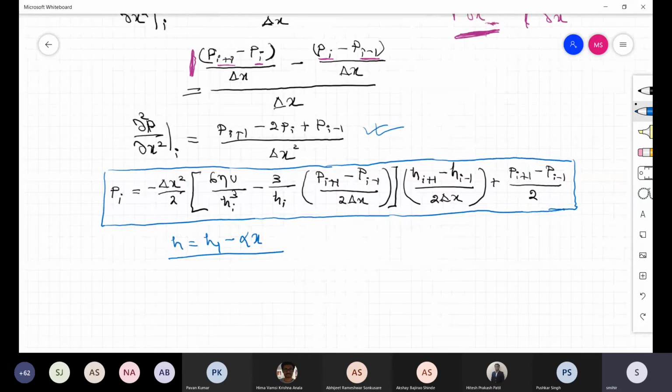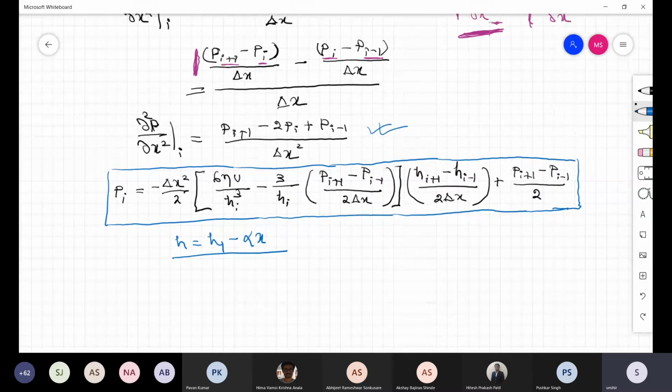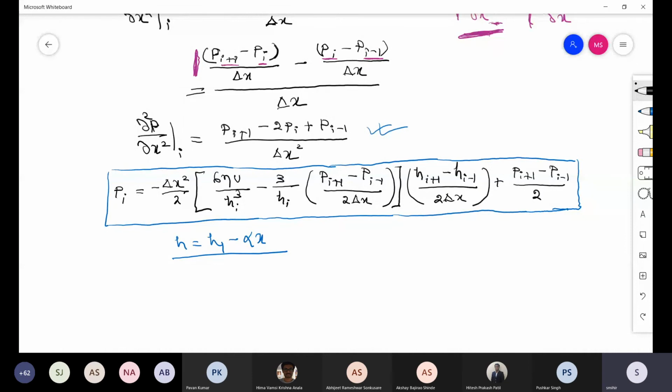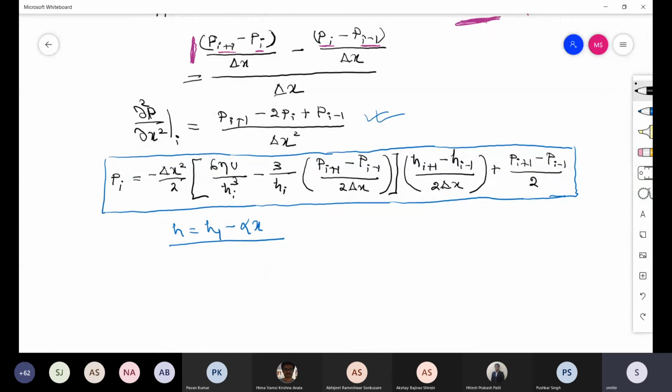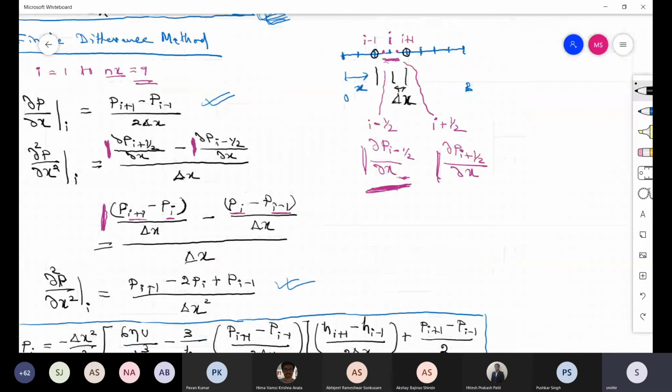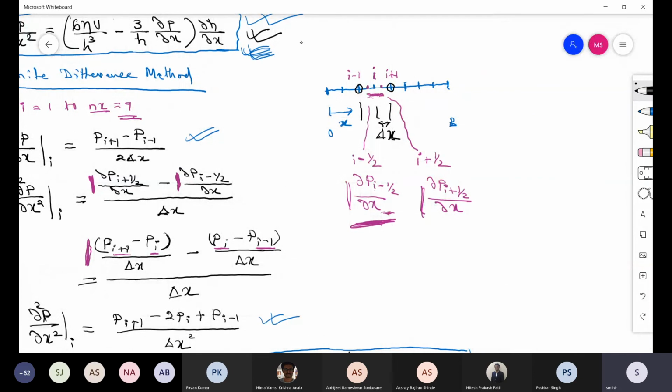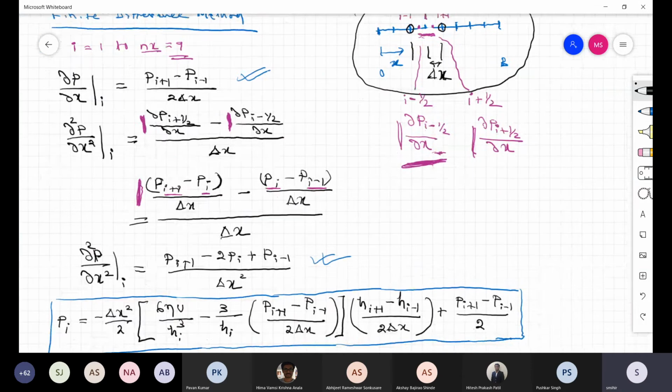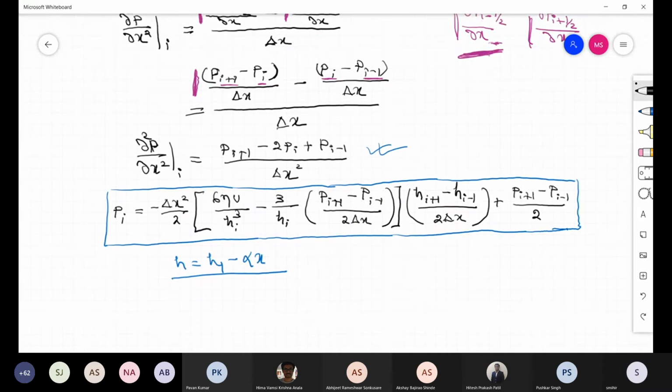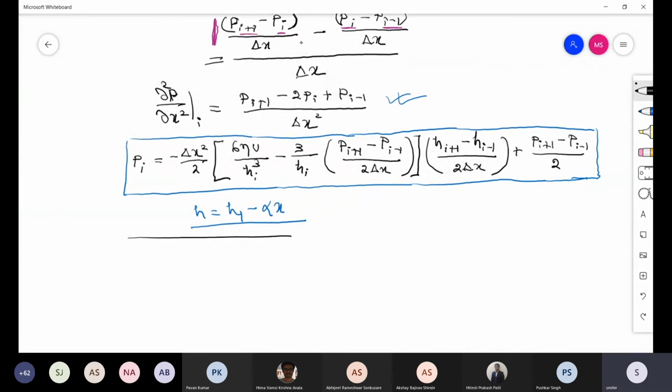Now, if you want to solve this problem, let me write in MATLAB-oriented form so that it is easier for you to solve directly. For any problem, you assume certain parameters. First, you generate the grid. We have one dimension, which is x.